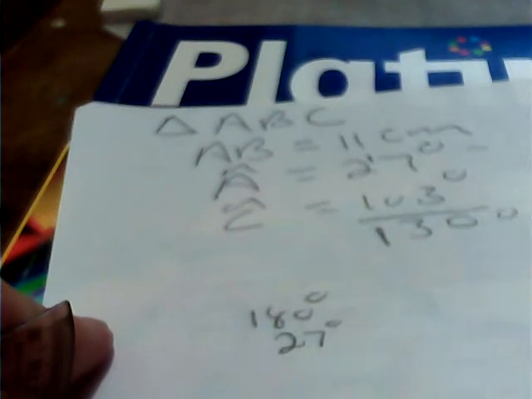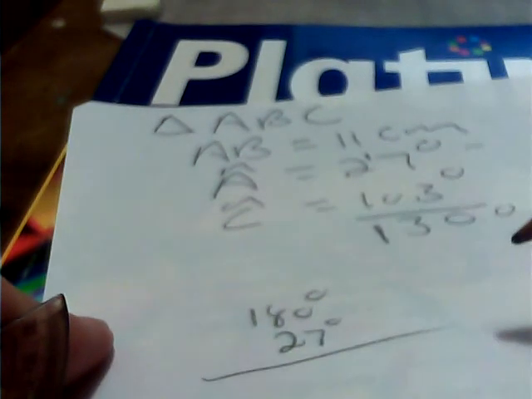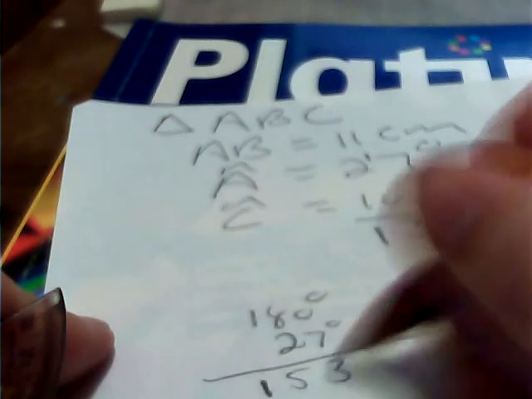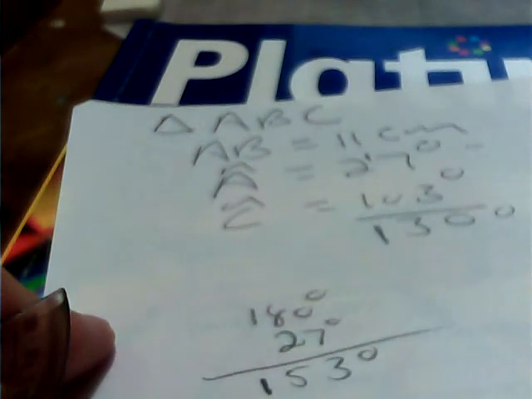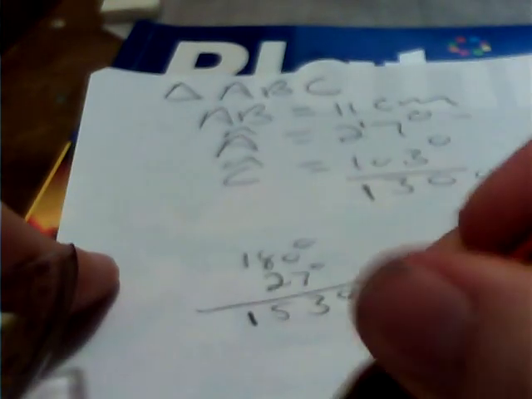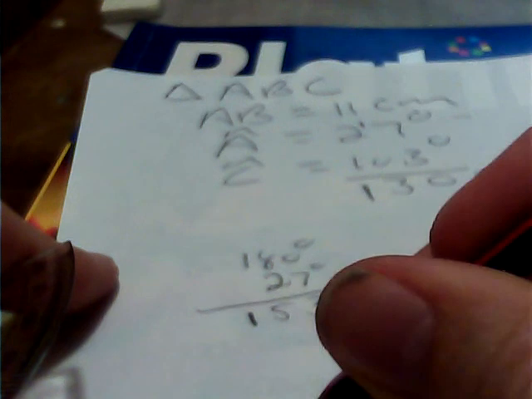So 180 degrees minus 27 degrees will give us 153 degrees. So this big obtuse angle is 153 degrees.